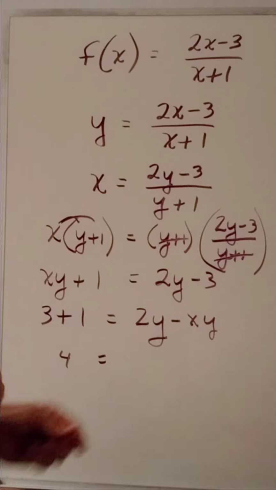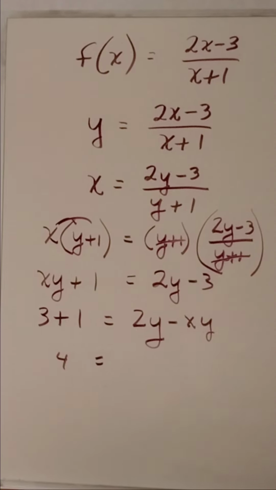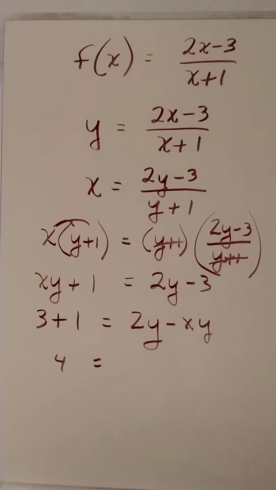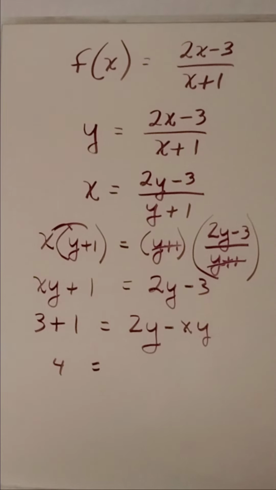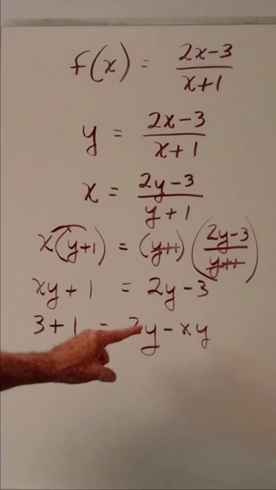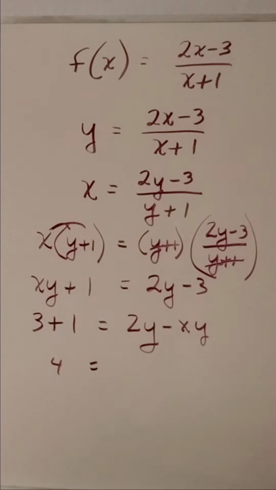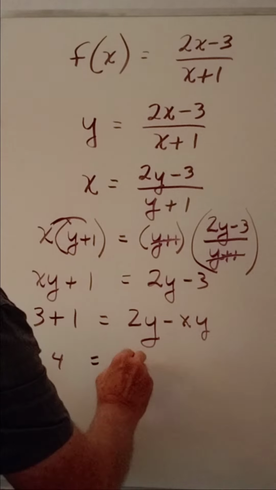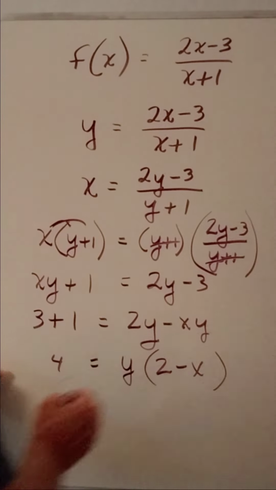And on the right, the only way that we're going to be able to solve for y is to somehow get that y isolated alone. And so we're going to have to factor. I think a lot of people, as soon as you get it down to this binomial, would realize that we'd have to take a y out because it's a common factor. So we'll remove a y, and we'll be left with a 2 minus x.